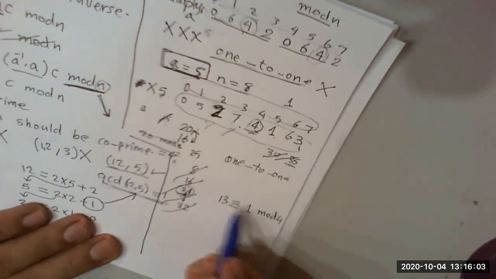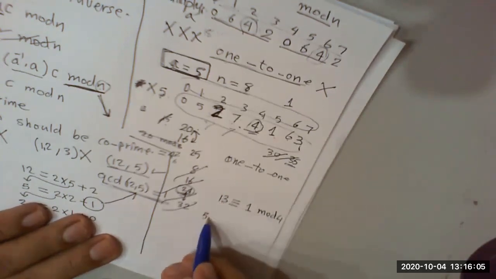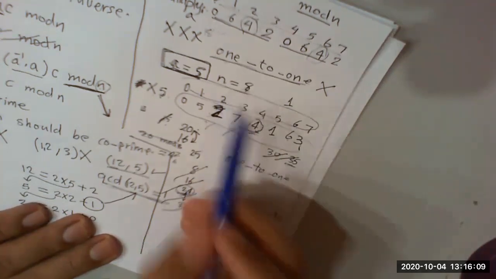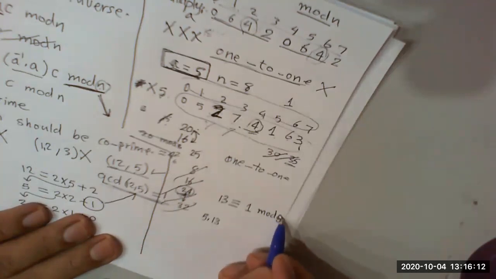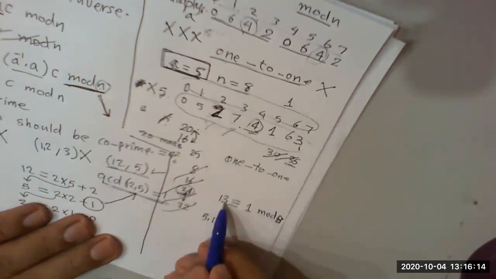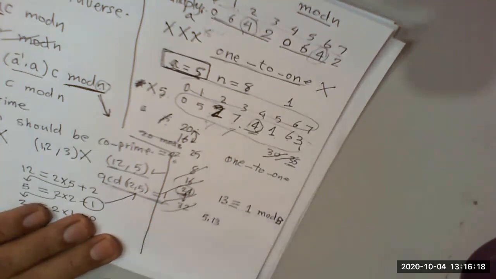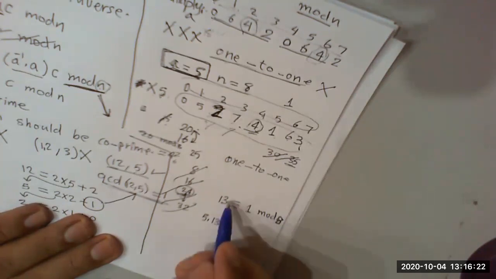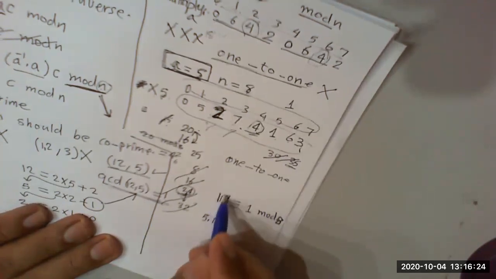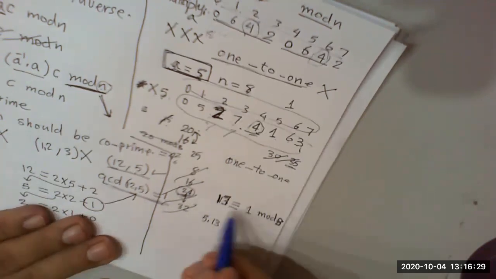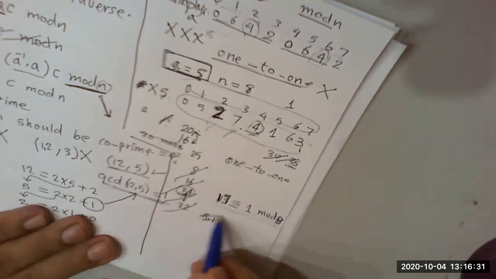Let's have 5 multiplied by 13. But this is mod 4, and I have to get mod 8. So this is not going to work because mod 8, 13 is not. Okay, what about 17? Okay, this is going to work, no problem.